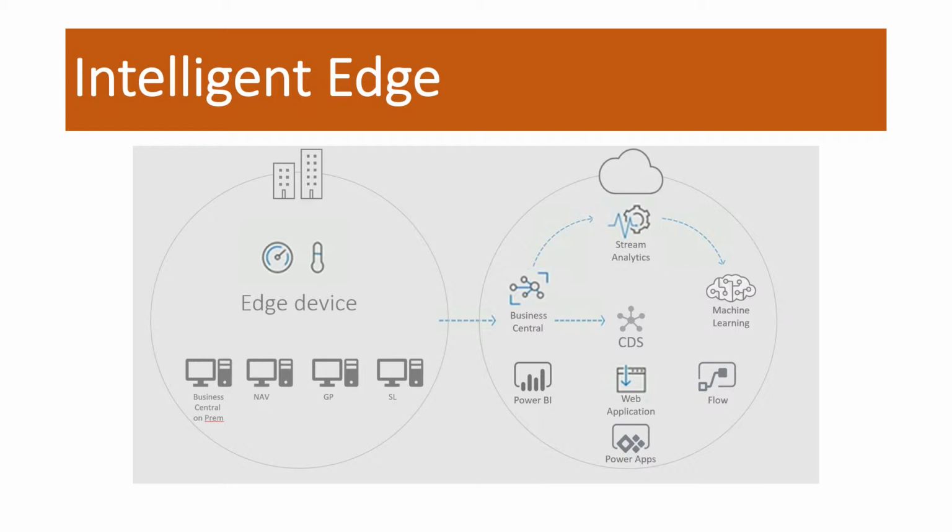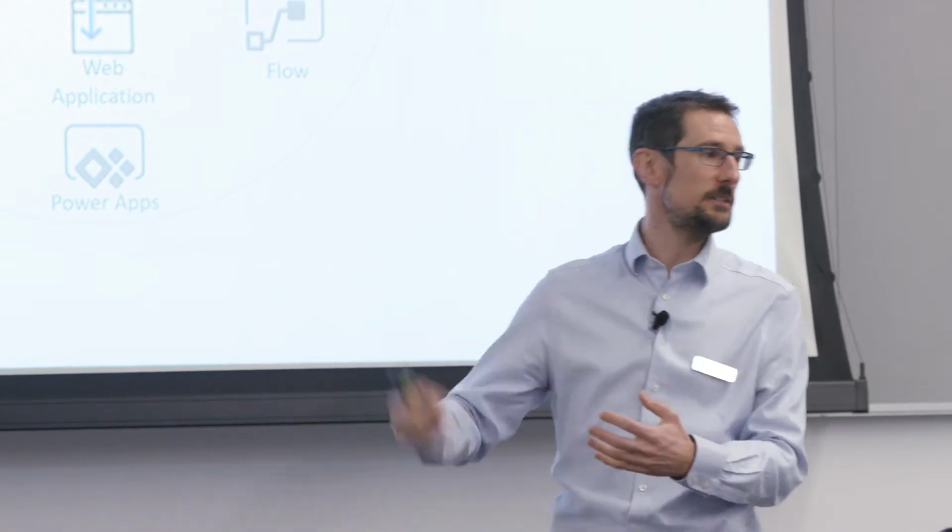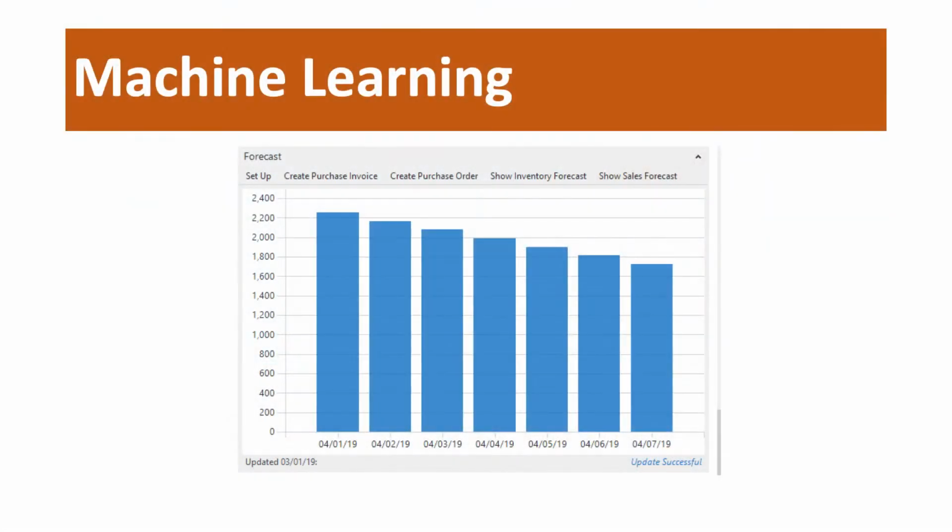So this is where your on-premise data can actually be put into the cloud. It's still your data, it's still secured, and you can start running these services off of it to get more interesting things out of it. Or you can do it with the on-premise stuff. So you can start to use machine learning directly within the client.